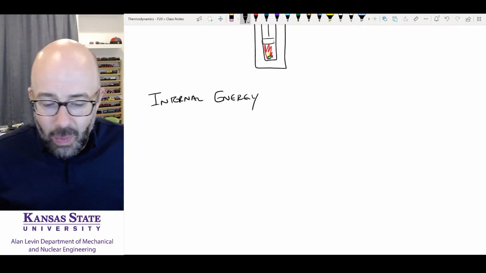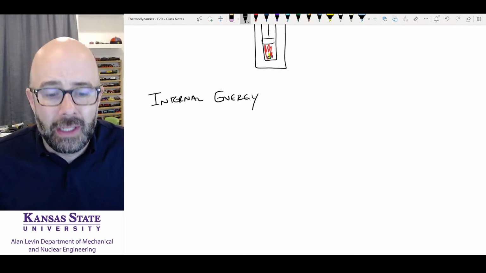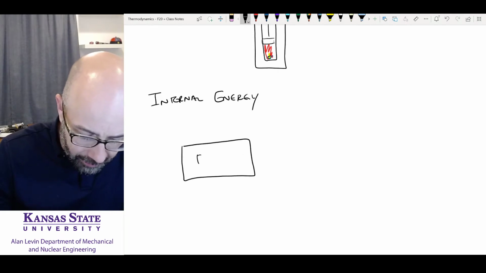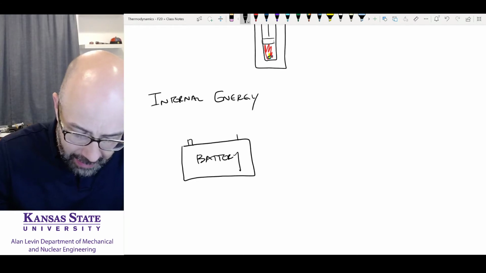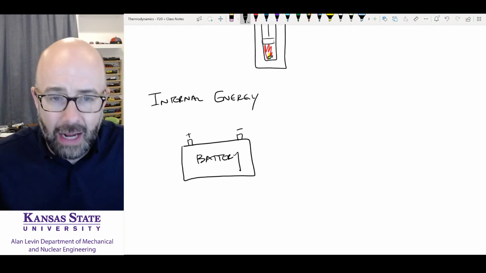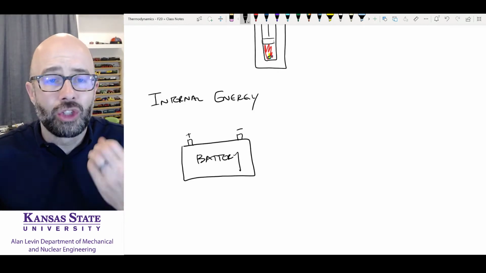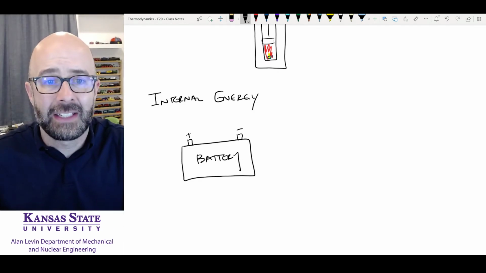And we have some other examples of internal energy. Okay, if I take a battery and I have my positive and negative here, and I want to charge it, hook it up, and I charge that, I know I can store energy inside of that system, of that battery.